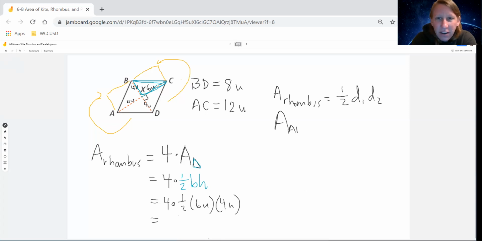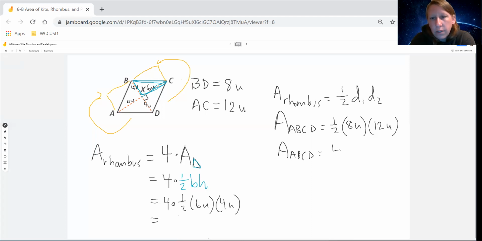So the area of rhombus ABCD is going to be half. One diagonal is 8 long, and the other diagonal is 12 long. And half of 8 is 4. 4 times 12 is 48. Units times units is units squared.